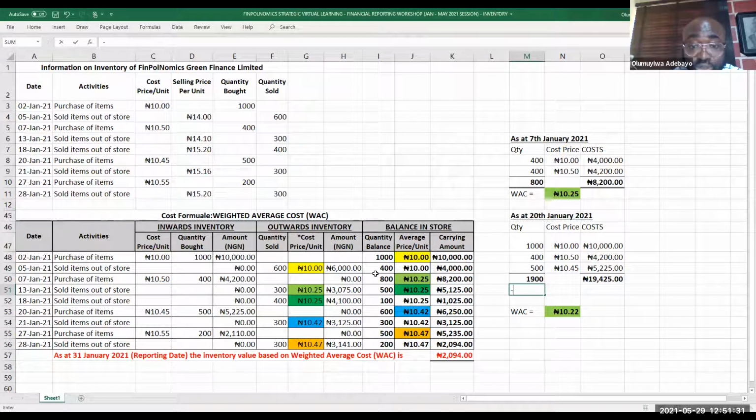How many quantity have you sold? 600. Let me pick it one by one so that you get what I'm doing. You sold out 600. You sold out 300. You sold out 400 prior to that date, which means what is left? It is 600, which is this 600 you are seeing here.